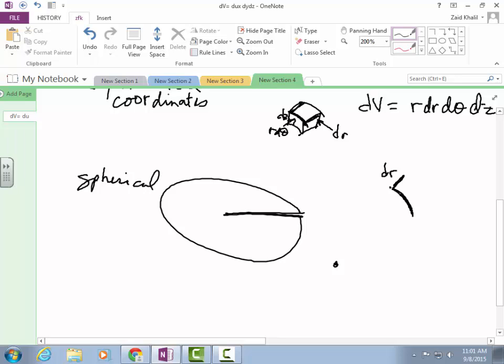Be careful. Let's call this phi. Let's call this theta. So then this is going to correspond to the change in phi. So therefore, this is going to be r d phi.